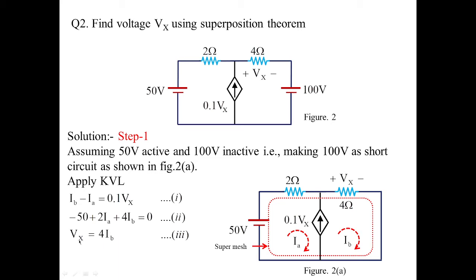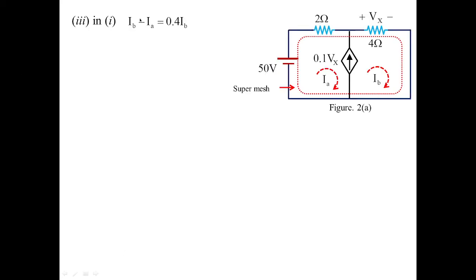Also by clear inspection, you see Vx positive is placed over here and negative is placed over here, as in the given problem. So the current flowing in this 4 ohms is nothing but IB. So Vx is equal to 4IB. With these three equations, we substitute 3 in 1 to obtain IB minus IA equal to 0.4IB. Now we apply the values of equations 3, 2, 1 to simplify this.